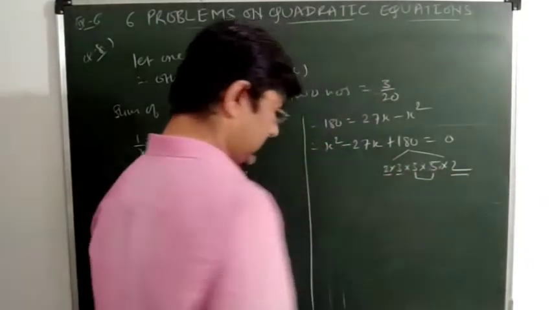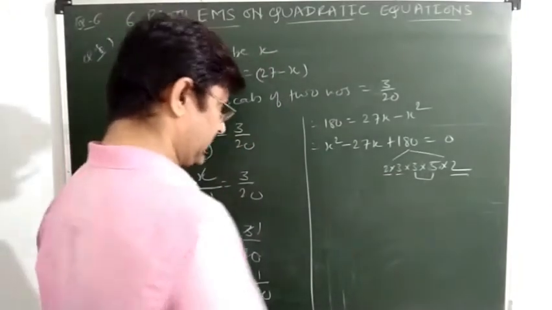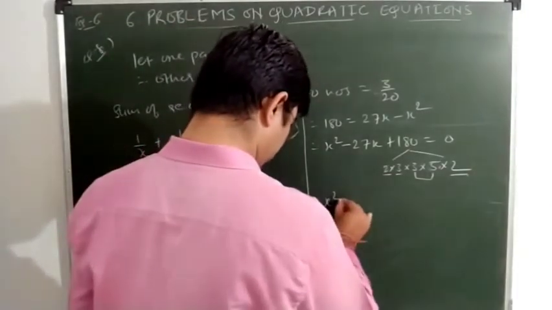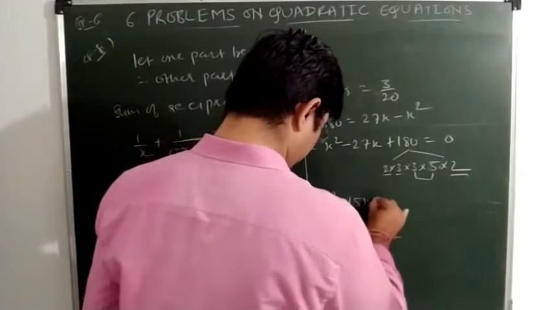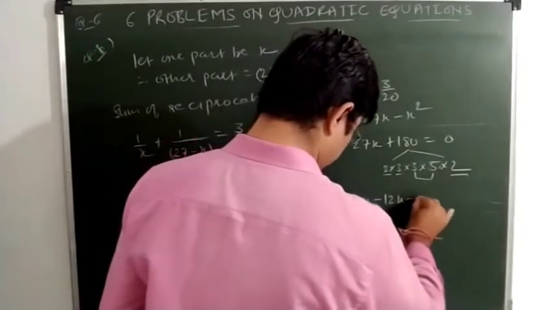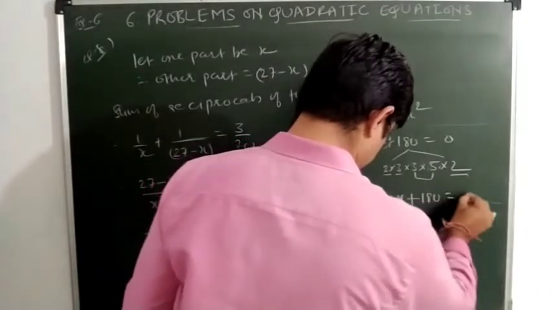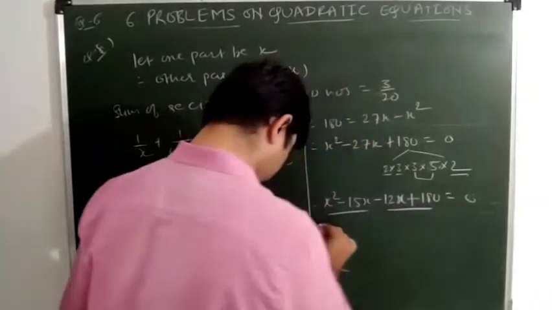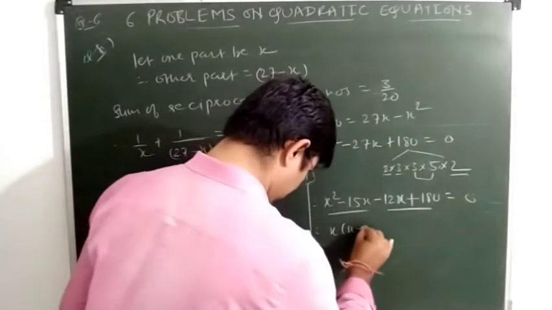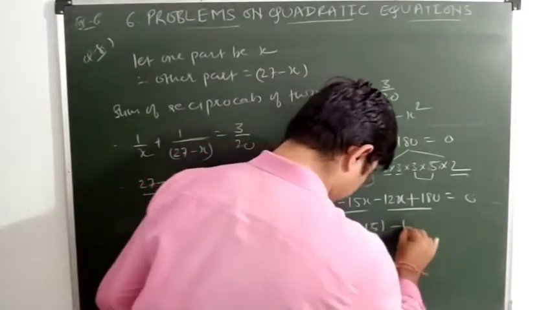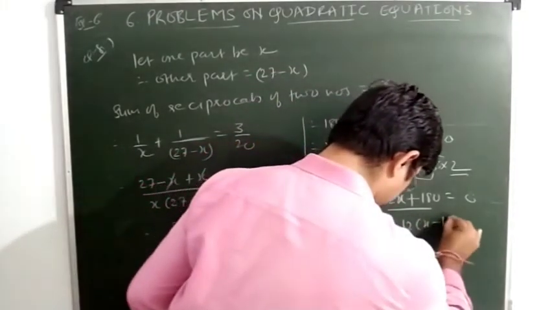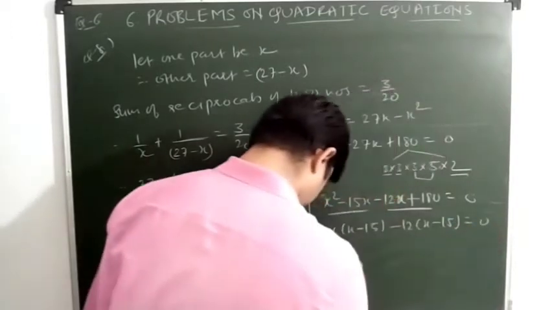Now we group these, 15 into 12, we can write, and therefore x square minus 15x minus 12x plus 180 is equal to 0. Therefore x common (x minus 15) minus 12 common (x minus 15).